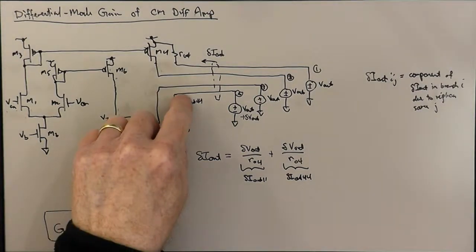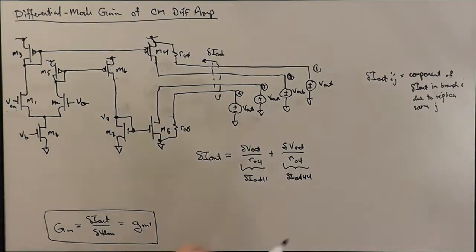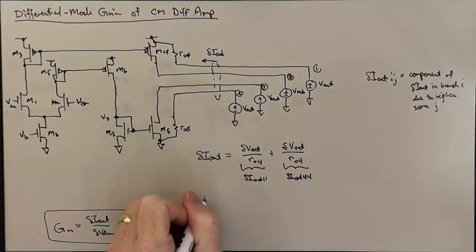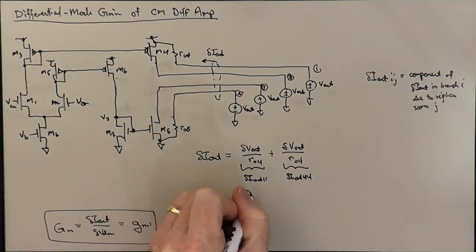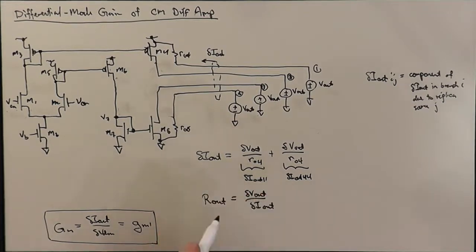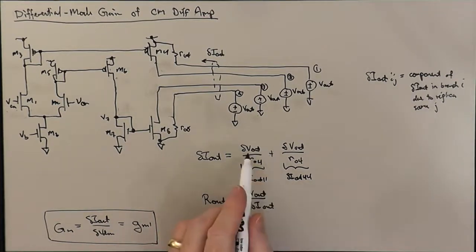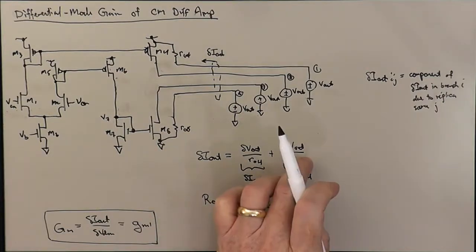So R out, which is basically delta V out over delta I out. So we factor out the delta V out, we have delta V out times 1 over RO4 plus 1 over, oh, it should be 1 over RO8, shouldn't it?